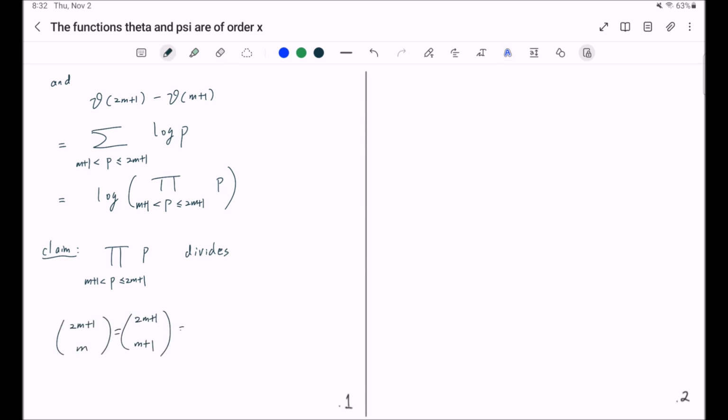By definition, this is a product from m plus 1 to 2m plus 1 divided by m factorial. Remember, I assume the audience are familiar with the binomial theorem, including those binomial coefficients.